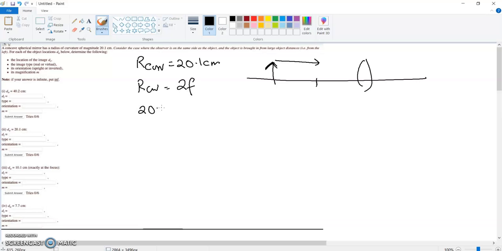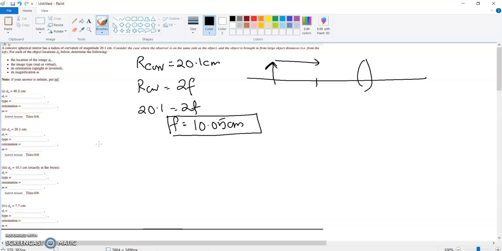My radius of curvature was 20.1, so my focal length would be just 10.05 centimeters.